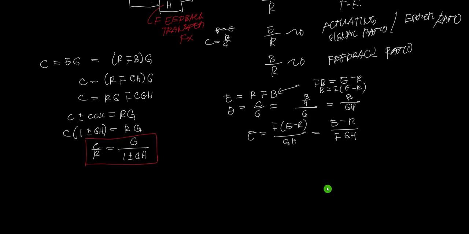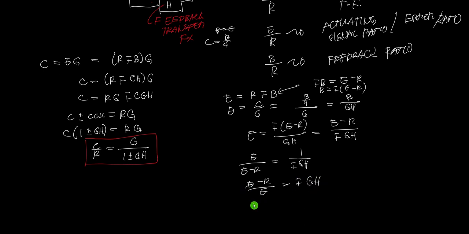Then cross multiply, so this will be E all over E minus R equals 1 over negative positive G times H. Inverse this, E minus R all over E. So we also inverse this one. This is minus plus GH.